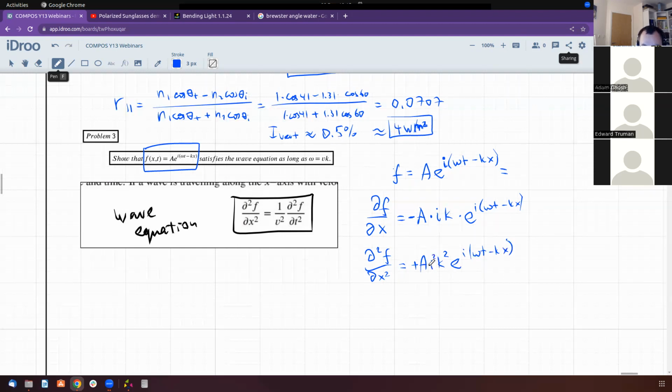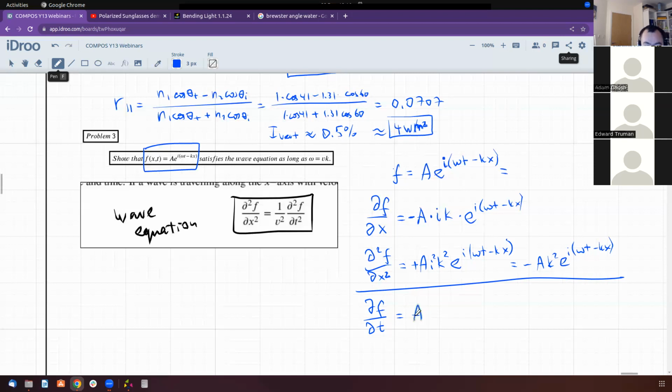And i squared is minus 1, so that's minus a k squared e^(i(omega t minus kx)). It has the same exponential. It's one of the beautiful things about complex numbers, complex calculus.